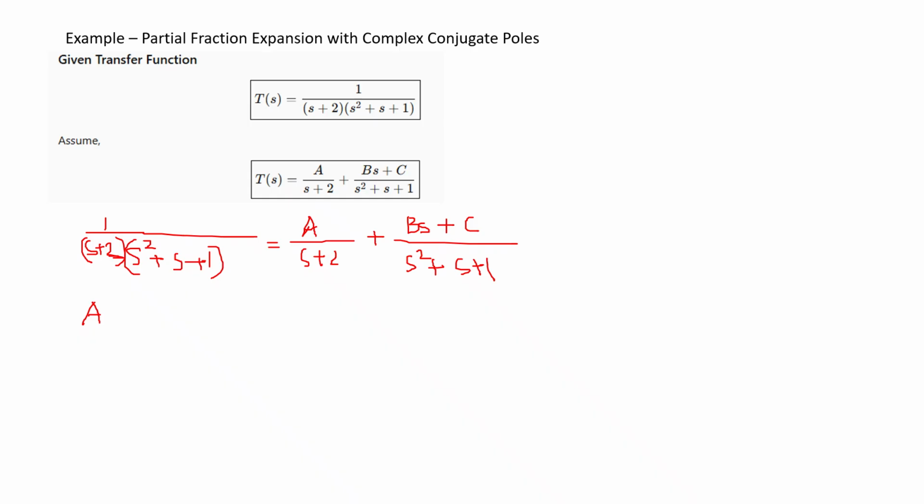So what is the value of a? A is obtained by multiplying T of s with s plus 2, right? That is how we have the general equation, and letting s is equal to minus 2. So it is equal to T of s, the transfer function, into s plus 2.